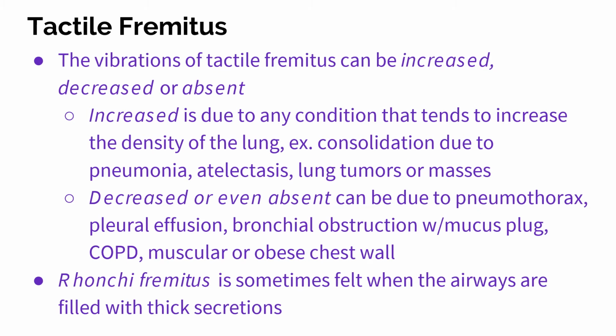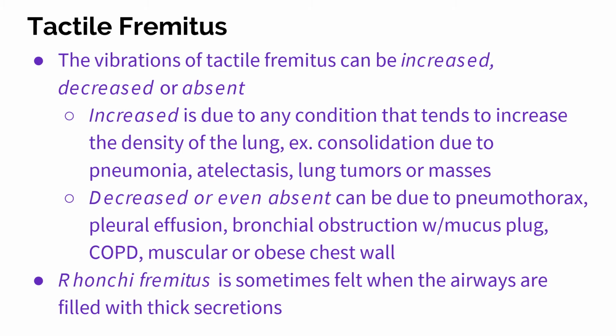So decreased or absent is when there's nothing there. Like a pneumothorax, there's just air there, so you're not going to feel anything. There's pleural effusion, so there's fluid there. There's bronchial obstruction with a mucus plug, so beyond that mucus plug there's no air going in. COPD, the air is just not moving. So those types of things.